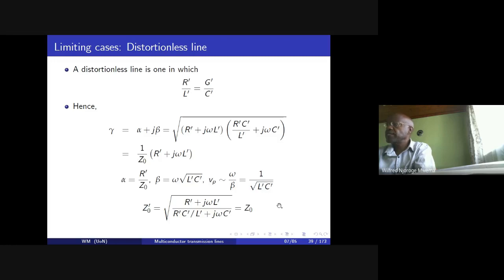So it does not distort. It is not a dispersive kind of line. In general, when you have a lossy line, it will always be dispersive.